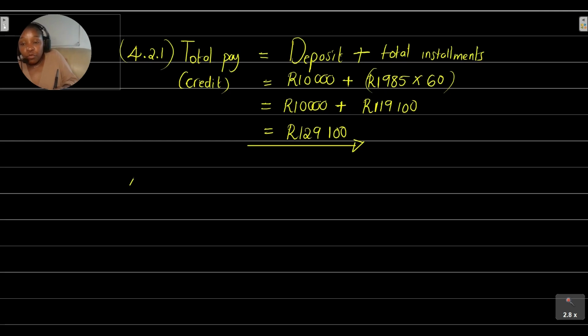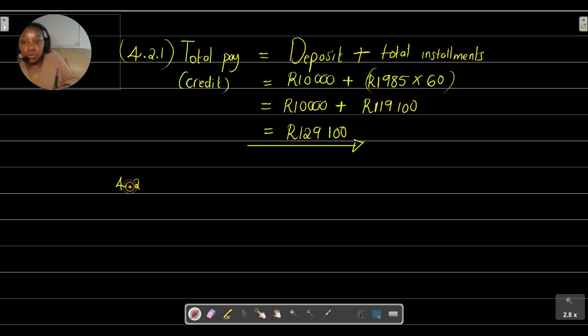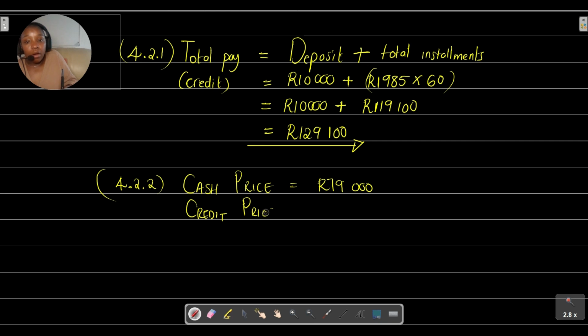So for question 4.2.2, remember we are given the cash price for the car, and we were told that it was 79,000. Then we were given the price that he will pay. We've calculated the price that he'll pay if he buys it on credit, and we calculated it to be 129,100.